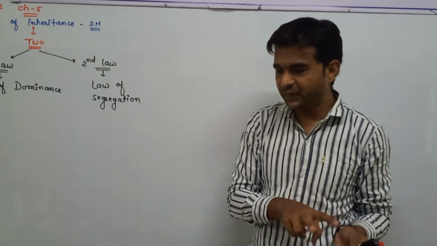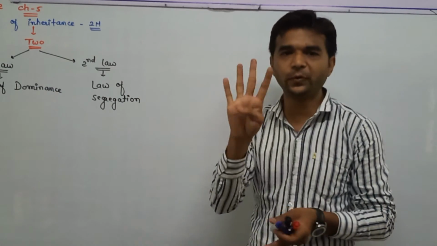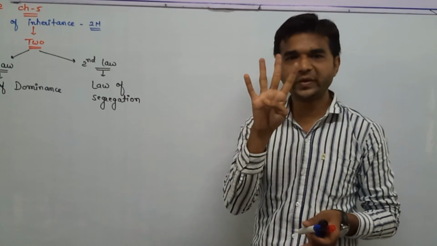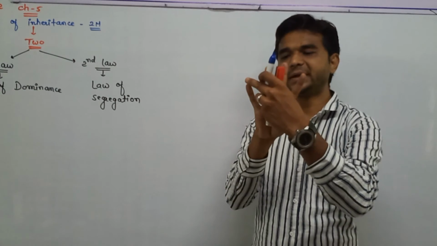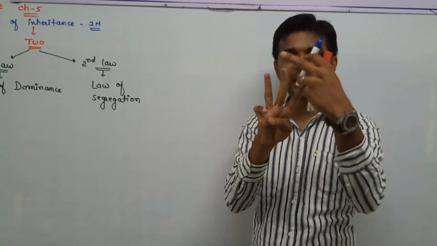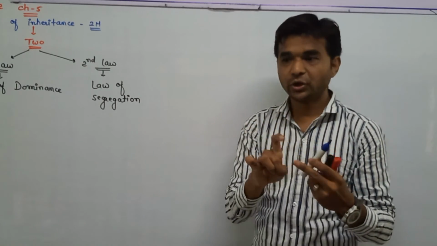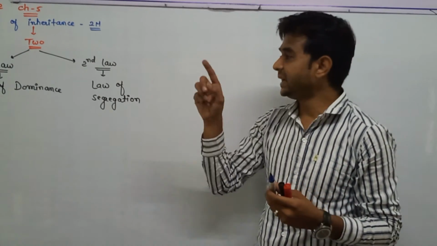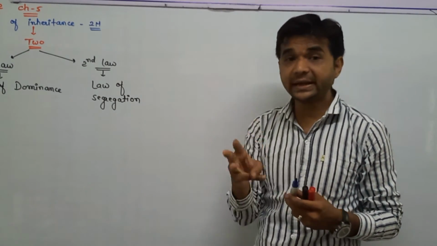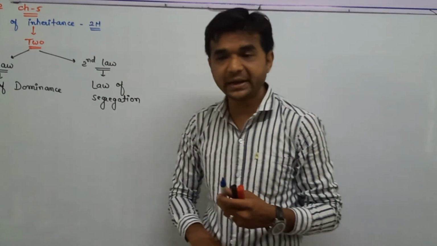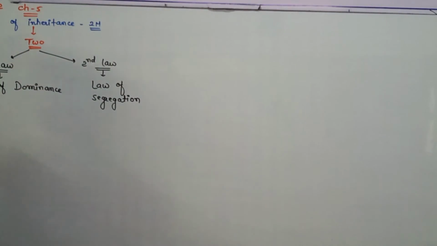So two gametes fertilize with two gametes in 4 ways. Which 4 combinations are formed? One capital T capital T, two capital T small t, and one small t small t. So in this way, in F2 generation, 3:1 phenotypic ratio is obtained. Fine.